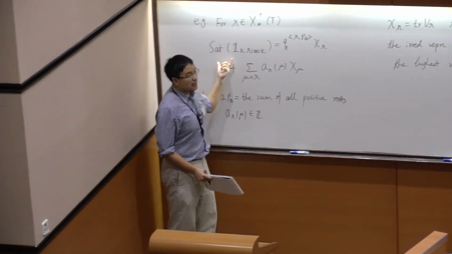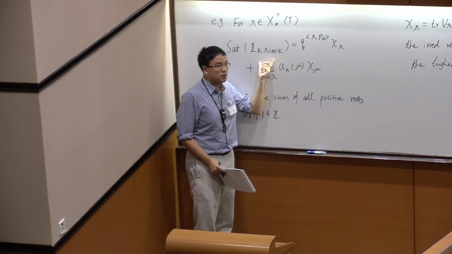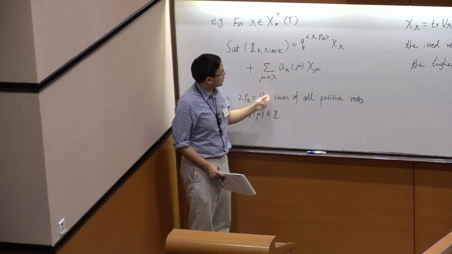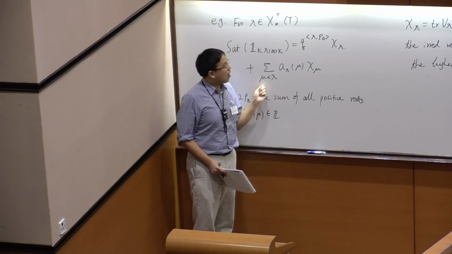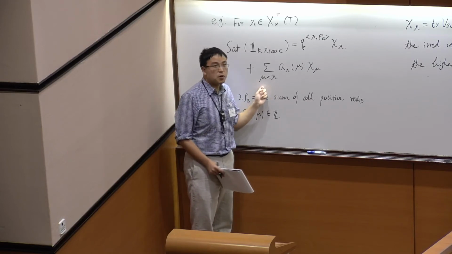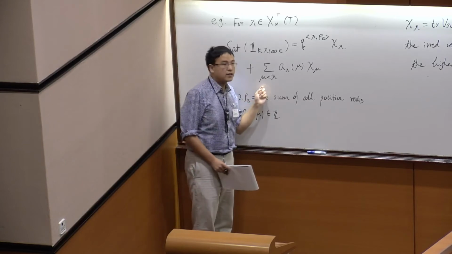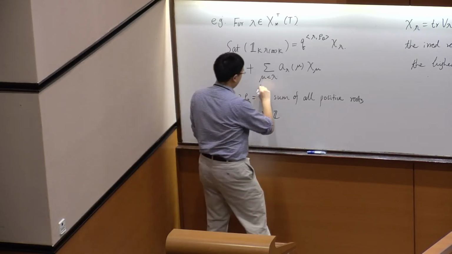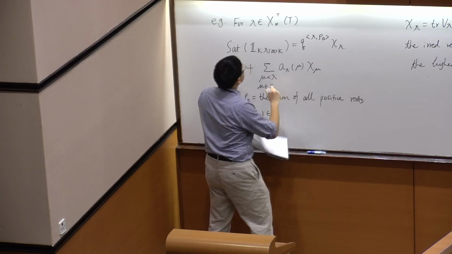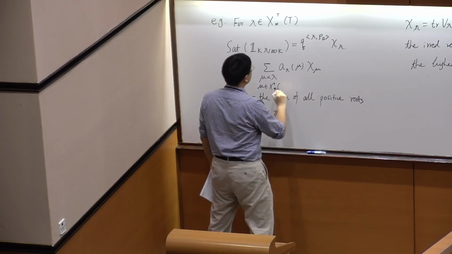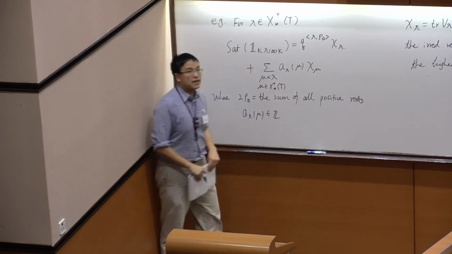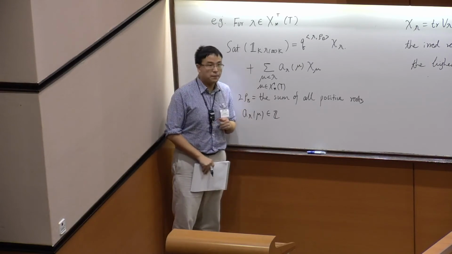And the Satake transform of this characteristic function is just an integral linear combination of the mu, where the mu is also stated in the dominant co-characters. So the mu also belongs to X plus star T, which is less or equal to the lambda.